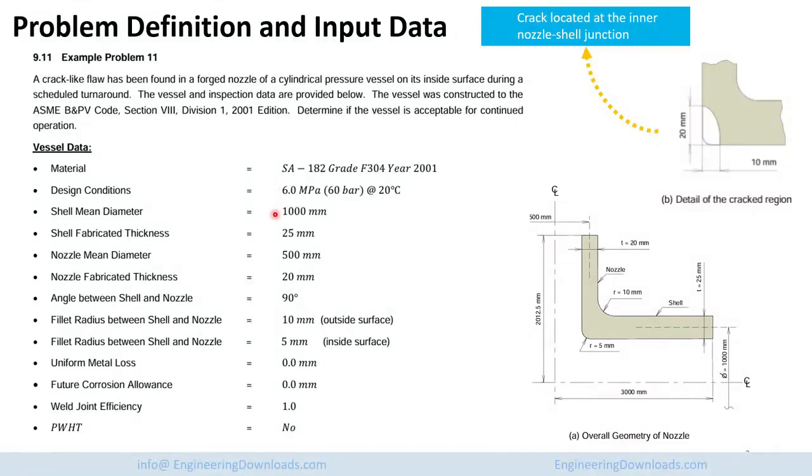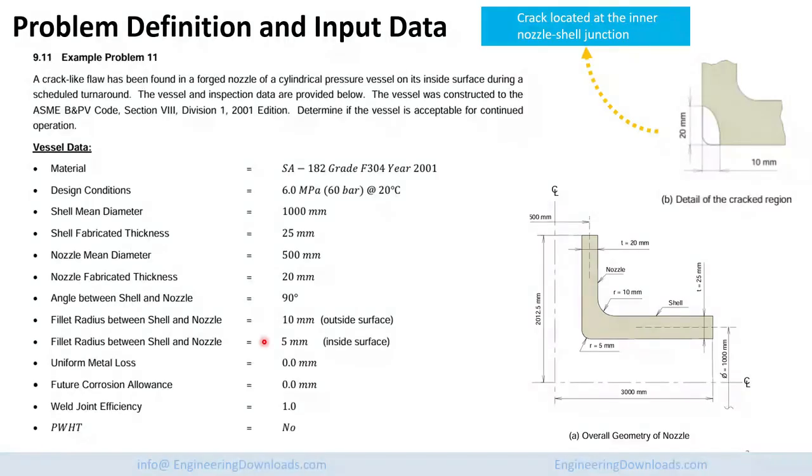The shell mean diameter is 1000 millimeters with thickness of 25 millimeters, and the nozzle mean diameter is 500 millimeters with a thickness of 20 mm. The outer fillet radius is 10 mm and the inner fillet radius is 5 mm.